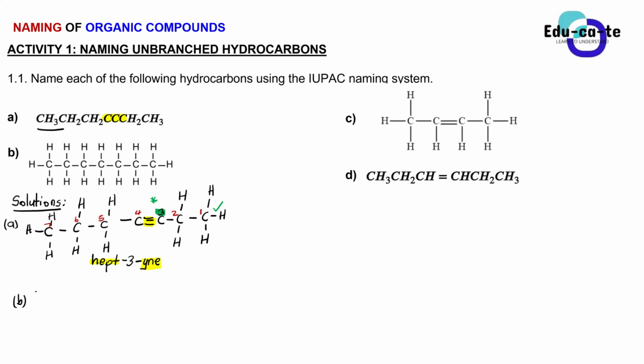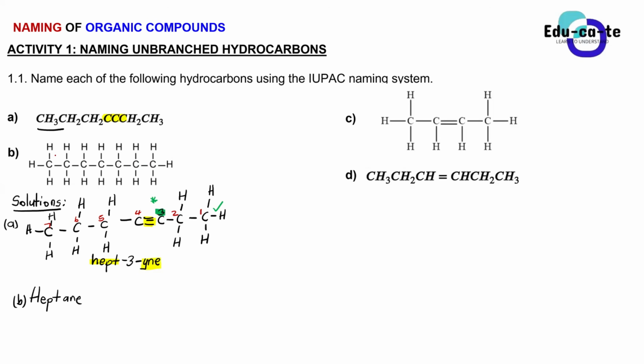So in this case, it's a simple alkane, guys. You can see that this is a simple alkane having 7 carbons. It's clear that we have 7 carbons in the parent chain. For an alkane, you can count from any direction because an alkane's functional group is on each and every carbon. So you don't have to count from left to right or from right to left in a specific order.